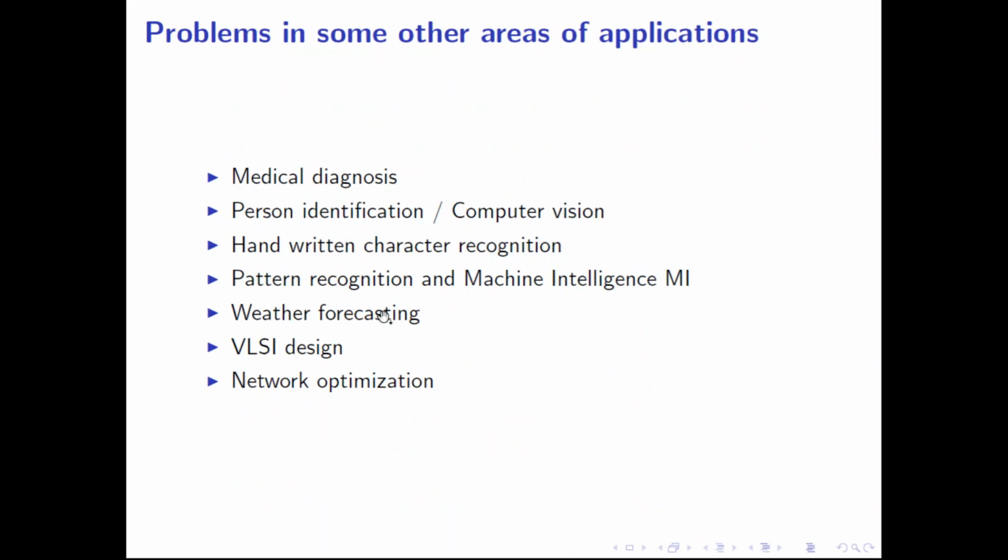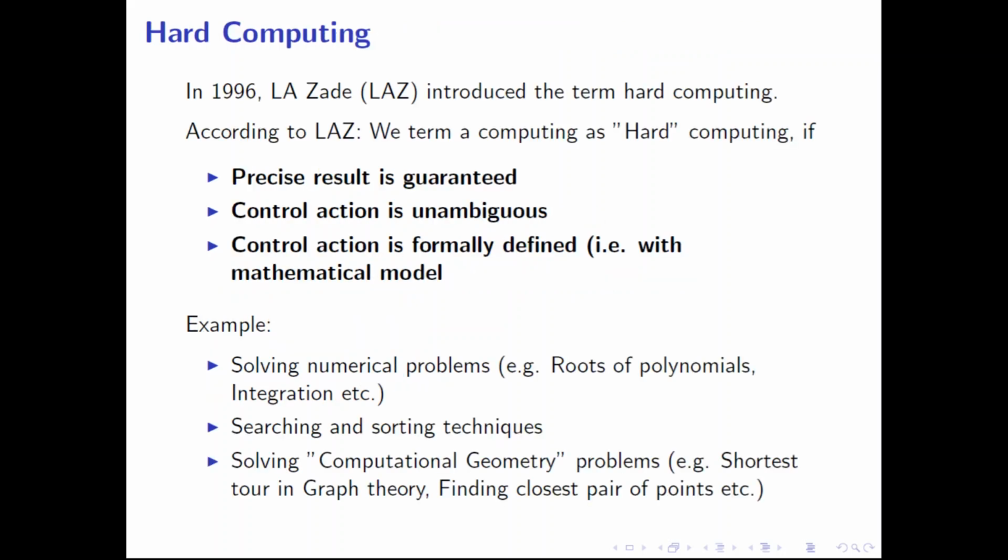Okay, right? But there are certain problems which cannot be solved using hard computing. In real time, not all problems have a precise solution, and you cannot mathematically model all the problems, and you cannot say that these problems are unambiguous.